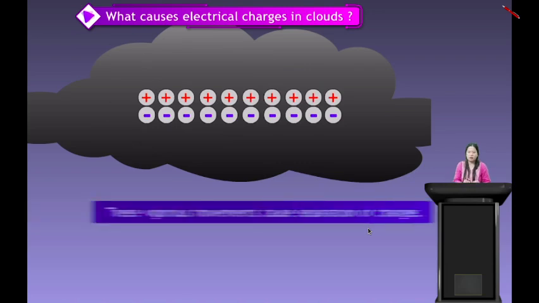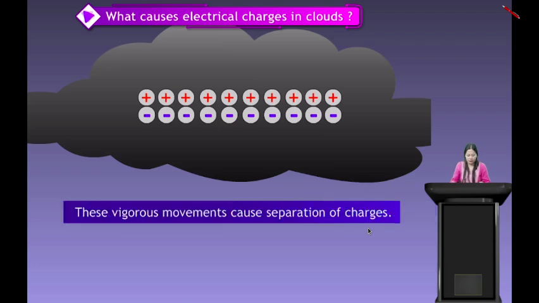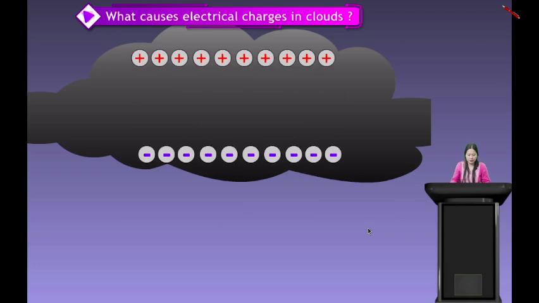Because of this vigorous movement of the air current and the water droplets in opposite directions, it causes separation of charges. Here we see that positive charge is at the top, negative charge at the bottom.